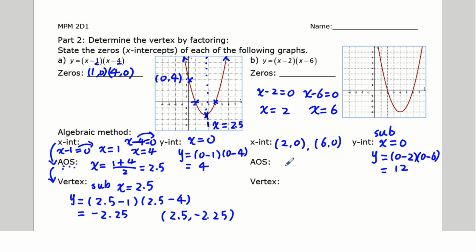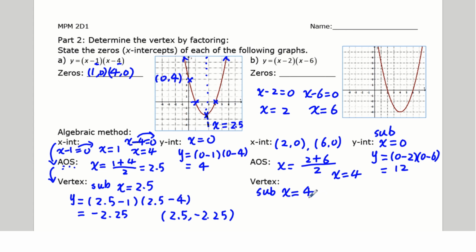And the axis of symmetry is just the middle of these two x-intercepts. It will give you 8 divided by 2, x equals 4. And for the vertex, the x-coordinate of vertex is same as the axis of symmetry's x value.